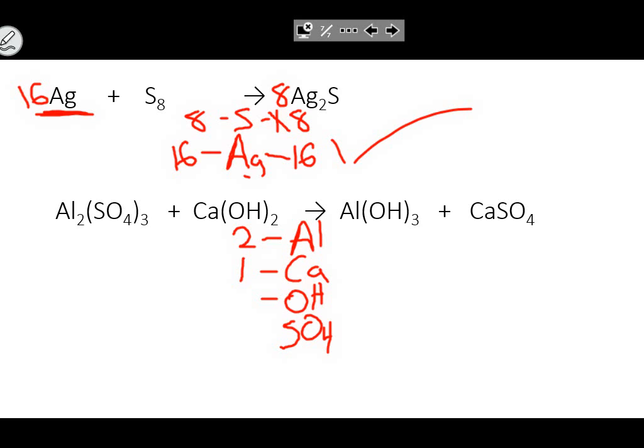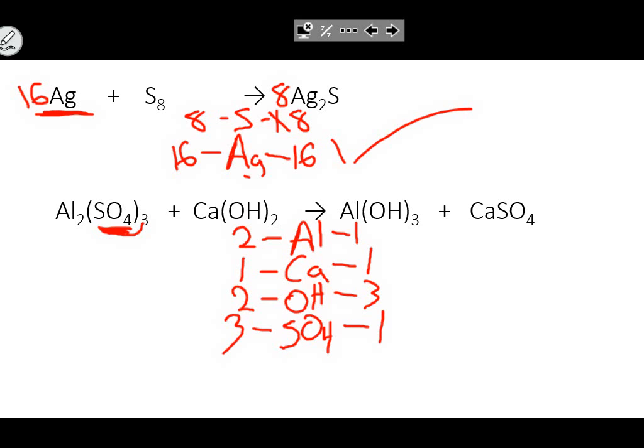Remember, the 2 on the outside refers to this whole thing. So we have 2 hydroxide or OH ions. Here we have 3. It's referring to this whole thing. So we have 3 SO4s. Here we have 1. Calcium, we have 1. OH, we have 3. SO4, we have uno.